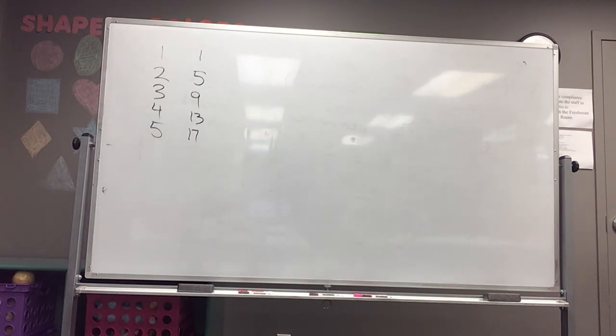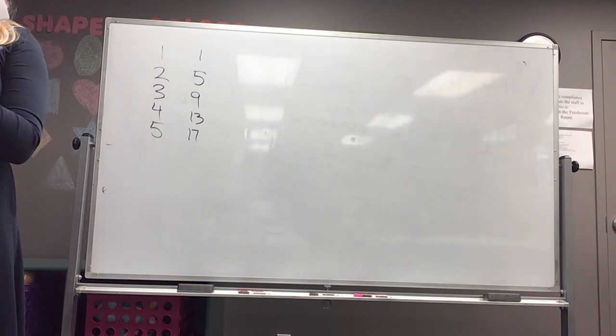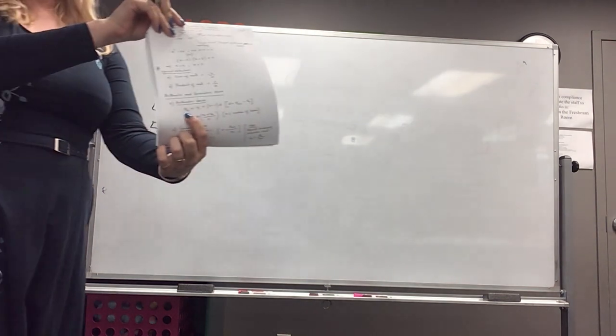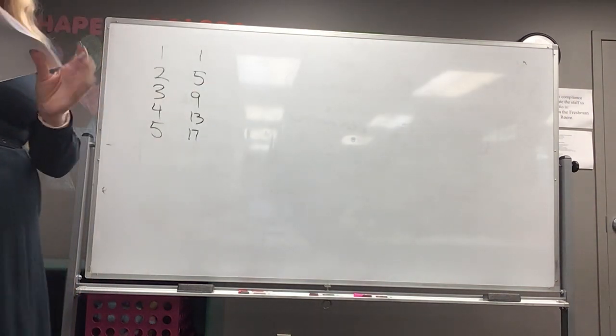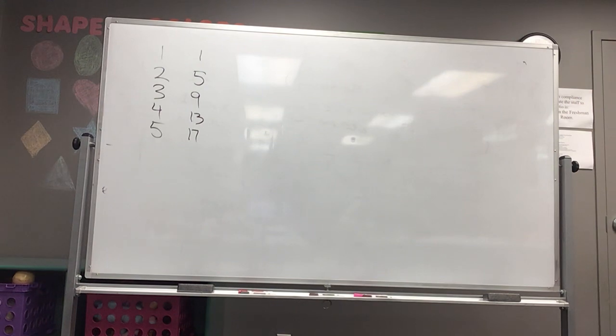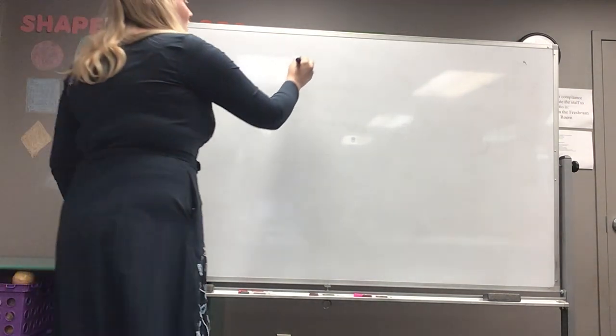So if you look at the bottom page of this, it says for arithmetic series, this a sub n, or the nth term, is going to be a1 plus n minus 1 times d.